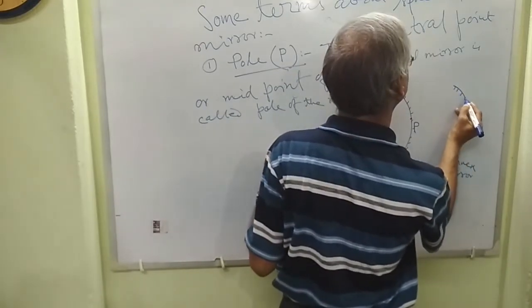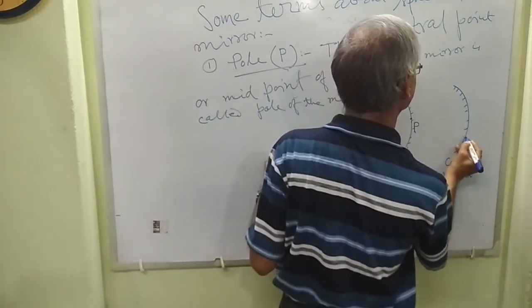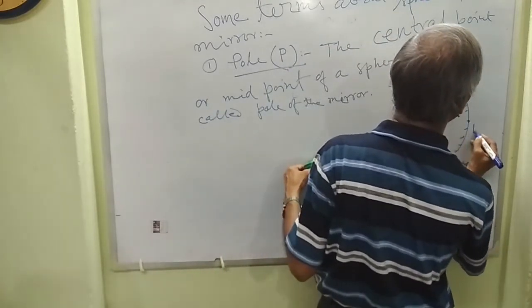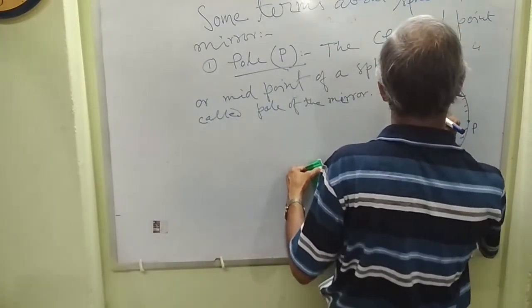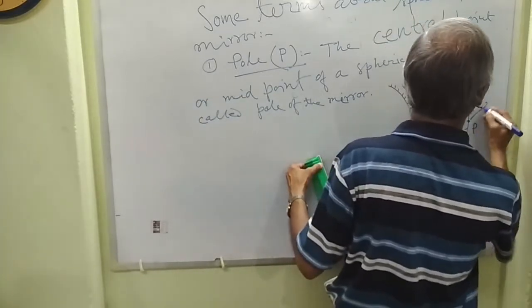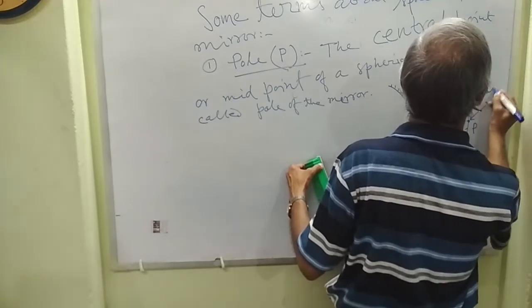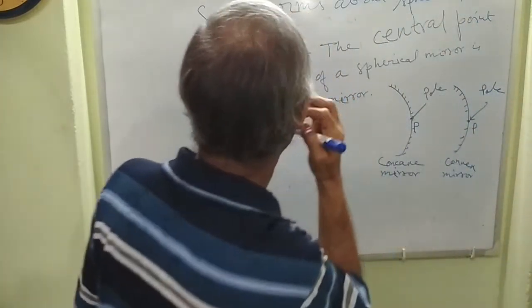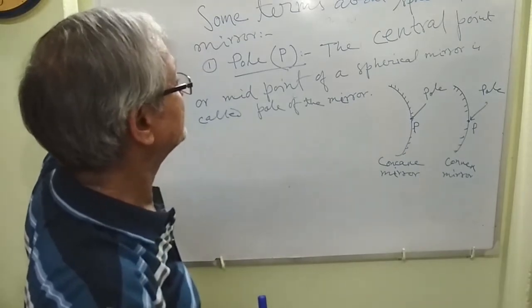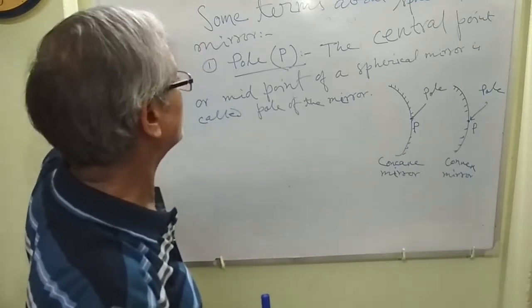This inner portion is silvered. Its midpoint is the pole of the mirror. The central point or midpoint of a spherical mirror is called the pole of the mirror.